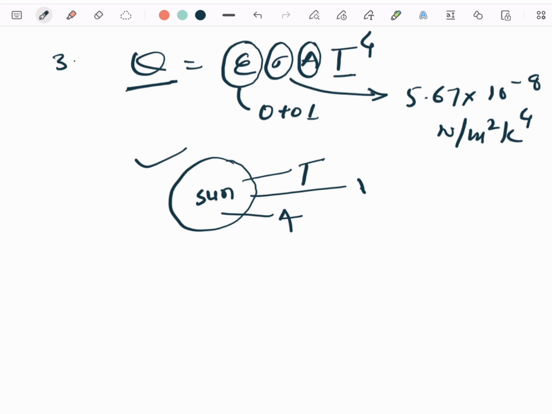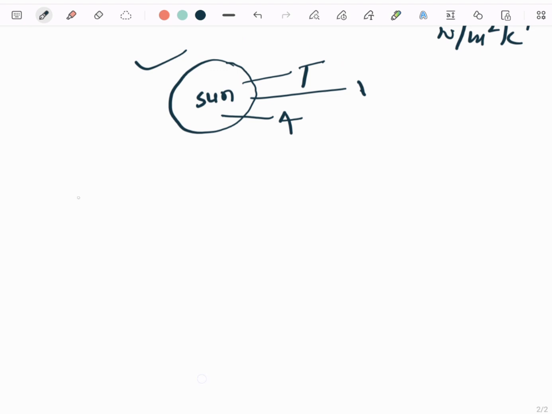Now fourth equation is Q = UAΔT. This equation is used for the combined conduction and convection case, where U is the overall heat transfer coefficient, A is the cross section area, and ΔT is the temperature difference.